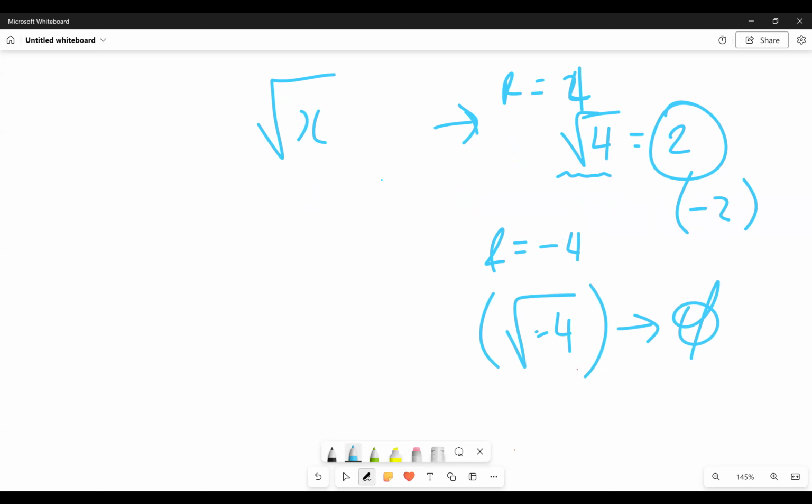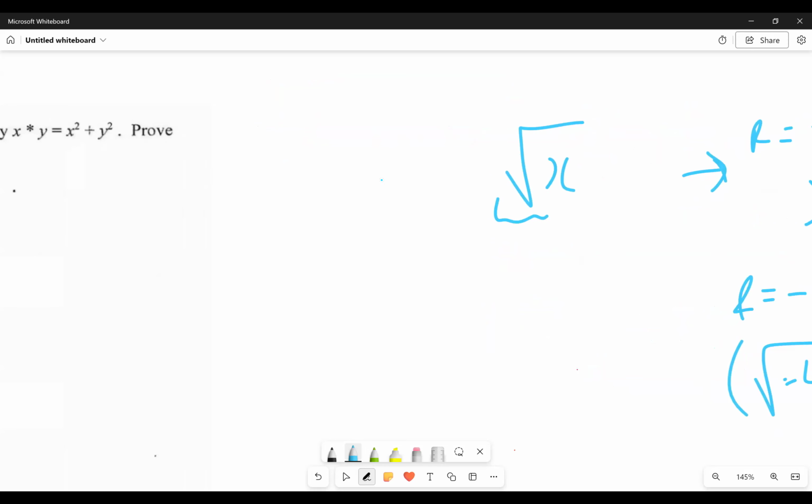You can't get the square root of a negative number. This is actually an imaginary number called 2i. And so that means that the square root operator cannot be closed in real numbers. That means if I enter a real number, there is a possibility that I might not get a real number back.